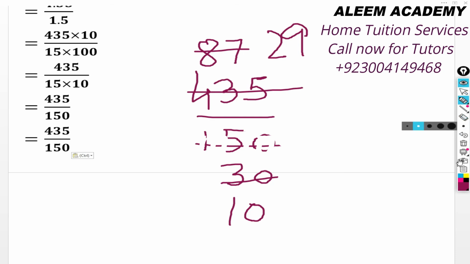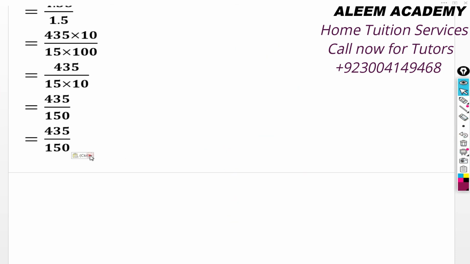Okay, so 29 over 10. So we have to write here 29 over 10. So the final answer will be 2.9. So this is the final answer of the D part.